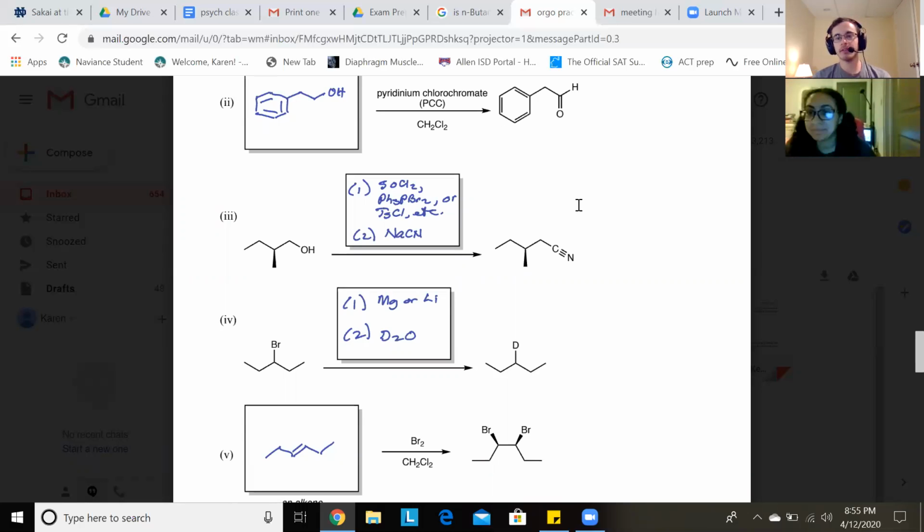So basically, there are 2 ways. The end goal here, our mission, is to somehow change that oxygen, change that alcohol group, do something to make it better at leaving the molecule, right? Because it needs to get kicked off so that the CN can come in. You agree with that? Yes.